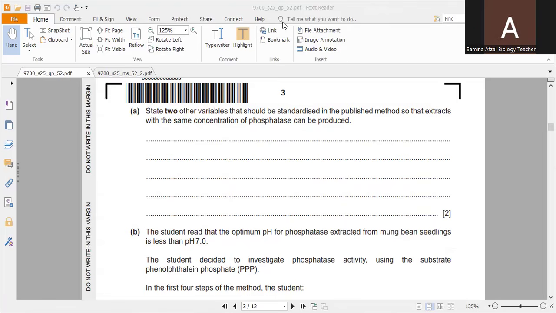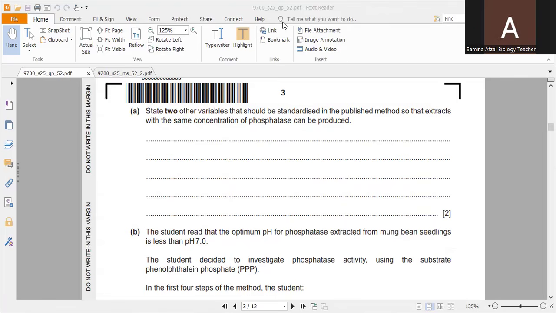The most appropriate variables to standardize for this specific method can be, number one, the mass of mung bean seedlings. Why should the mass of the mung bean seedlings be the same? To ensure the same starting amount of biological tissue. And second, the age of seedlings, to ensure the seedlings are at the same metabolic stage.